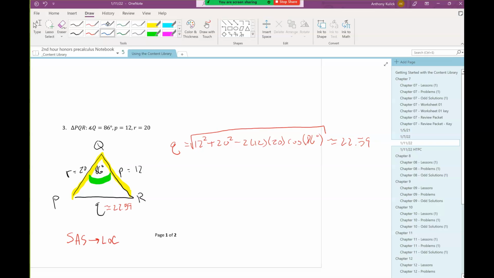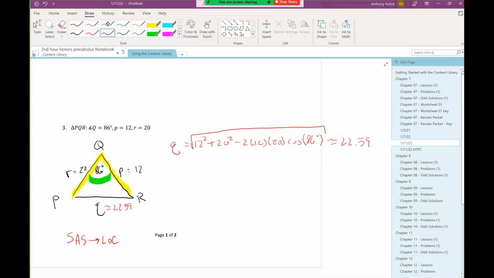To keep things as least complicated as possible, I want to find the smaller of those two angles first, but I don't know what either of them is. How do I know which one is smaller? Look at the opposite side lengths, man. Right? Side lengths and angle measures are proportional. So which side length is smaller, P or R? P. So that's the angle I'm going to find first.